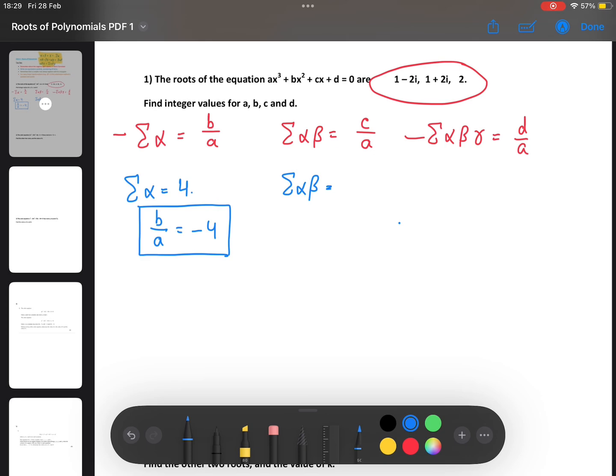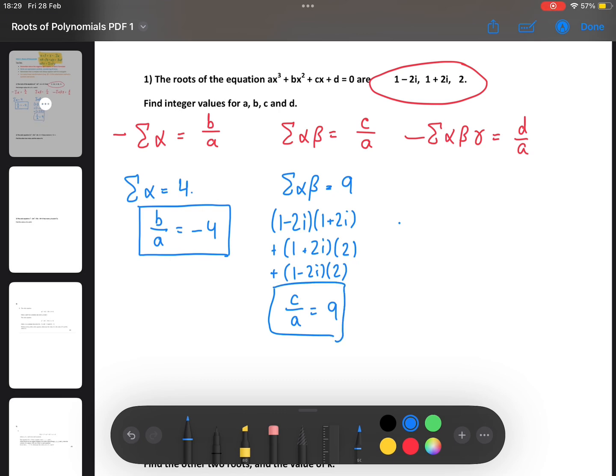If we add up the sum of the product pairs, so that's going to be 1 minus 2i times 1 plus 2i, add 1 plus 2i times 2, add 1 minus 2i times 2. That's going to give you an answer of 9. And so c over a is 9.